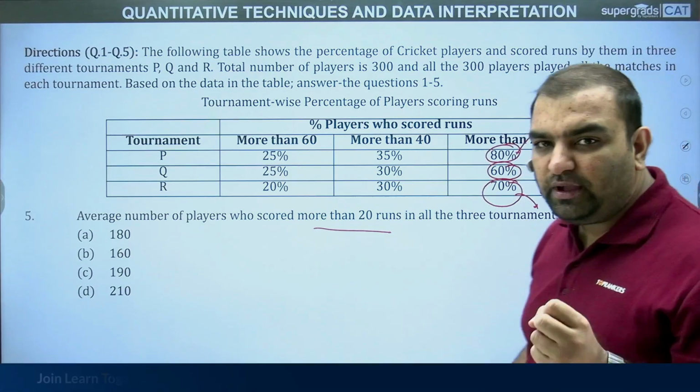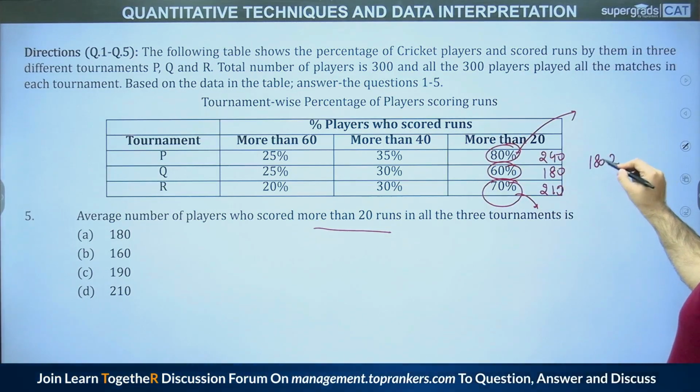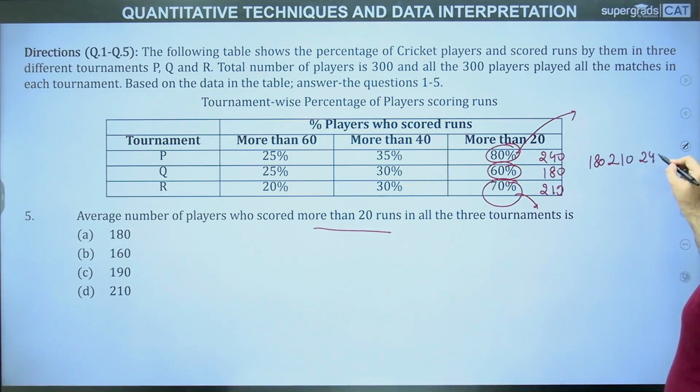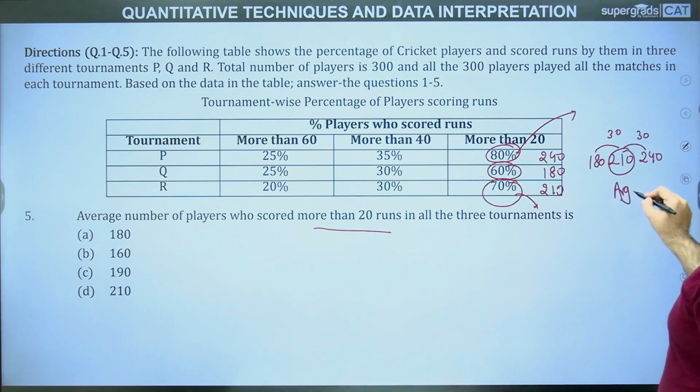I want you to give me the answer directly. 180, 210, and 240 is an arithmetic progression with a common difference of 30, so the average is the middle term.